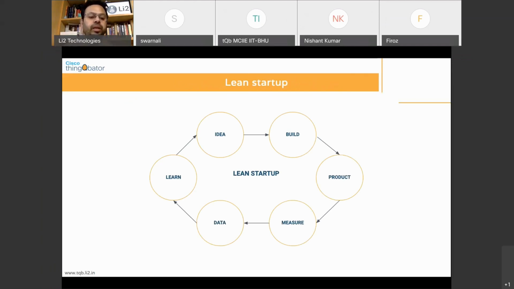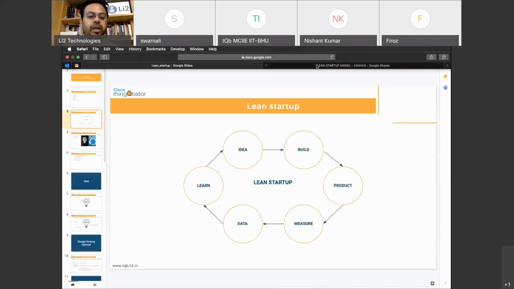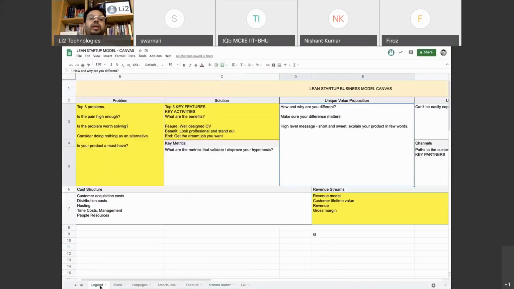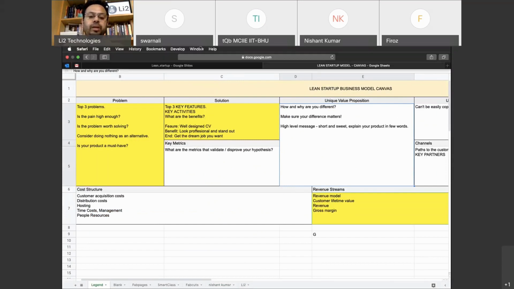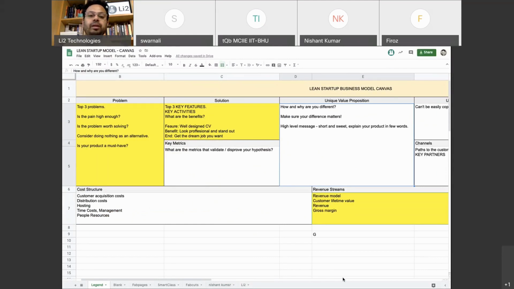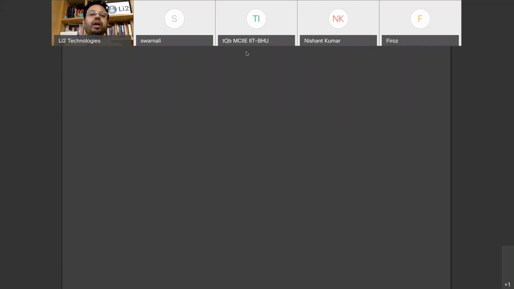And the most important thing about Lean Startup is the canvas that you're going to build out. We spoke about that in detail. So kindly keep this link, maybe make a copy of this. Look at key partners, look at cost structure, revenue structure, very, very important. Value proposition, bring all of these elements together, and you're going to have a clear-cut understanding of your canvas.